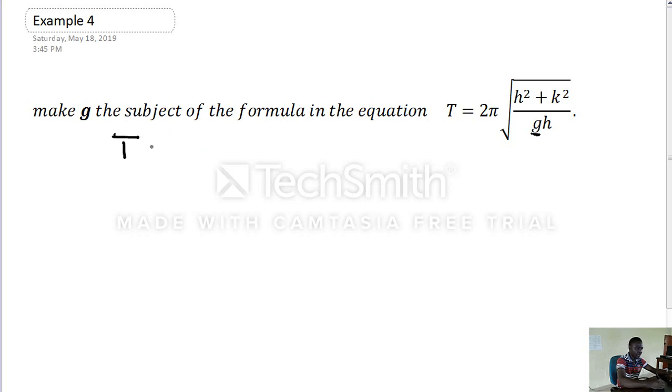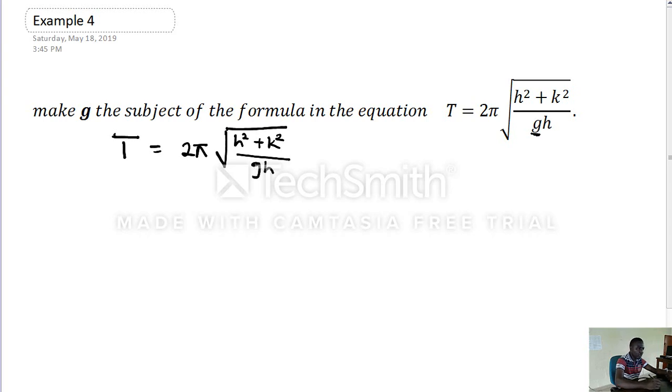T is equal to 2 pi root h squared plus k squared divided by gh.